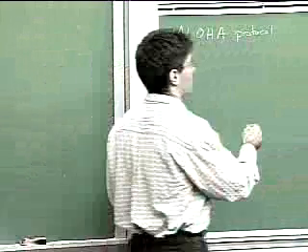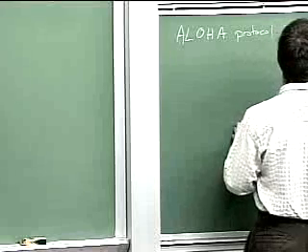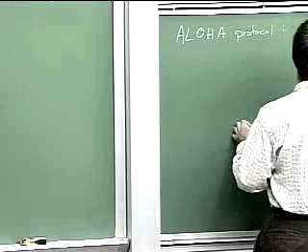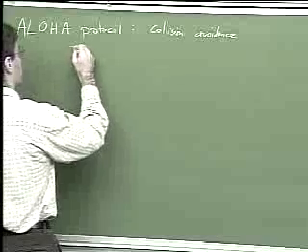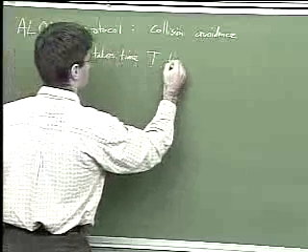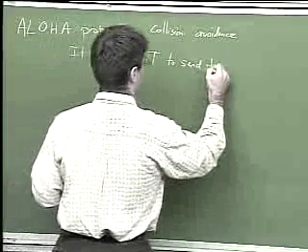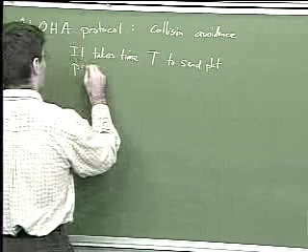Okay. Last time we started talking about the Aloha protocol. Let's go over what the Aloha protocol is. It's a very simple protocol for collision avoidance. The parameters we had were: it takes time T to send a packet. What else do we have in the system? There was a propagation delay of tau.